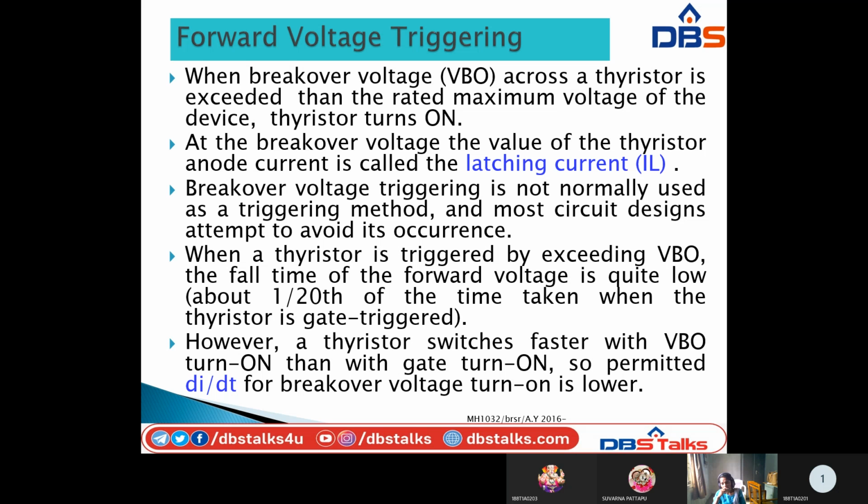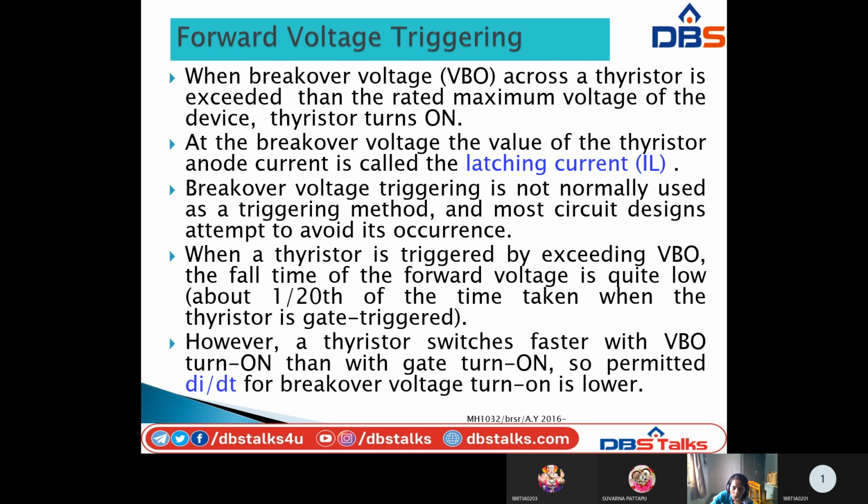Forward voltage triggering means that in the SCR, from anode to cathode, we are increasing the voltage, then the thyristor will be turned on. This is forward voltage triggering. At the breakover voltage, the current that flows at that time is called the latching current.